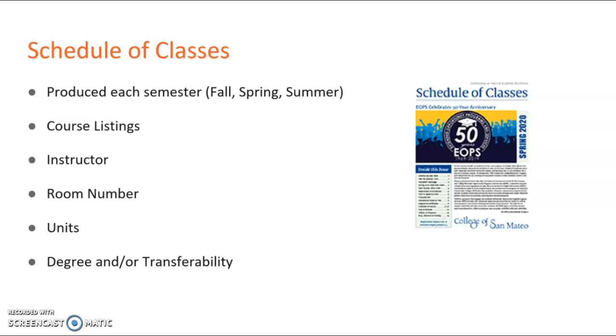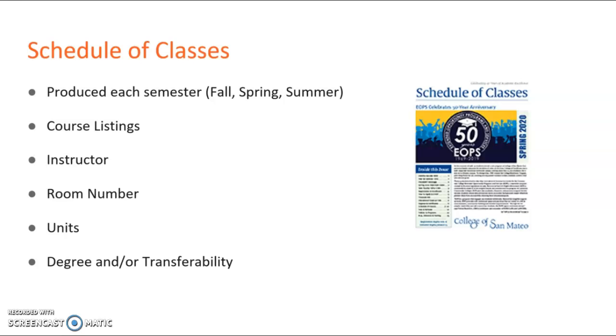Some things to note about the schedule of classes. It is a little bit more up to date than the catalog, simply because it's produced 3 times a year versus the catalog only being produced once a year with one addendum. And that addendum are corrections or updates that need to be made, to put it in simpler terms.